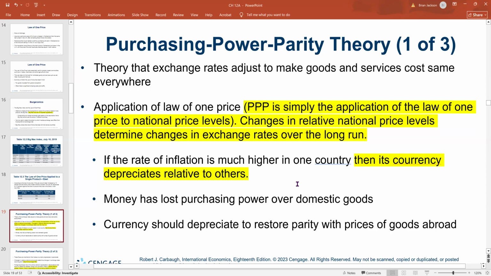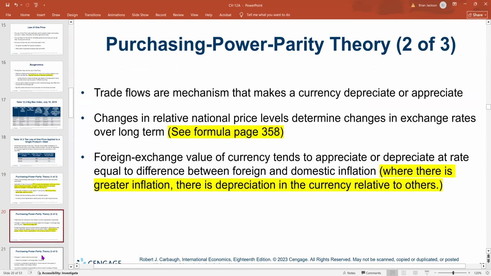So exchange rates will move in such a way to offset differentials in inflation rates between countries. Okay, exchange rates will move in such a way to offset differentials in inflation rates over time. That is the law of purchasing power parity.